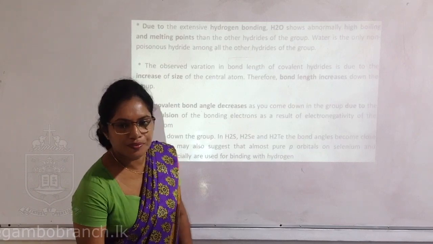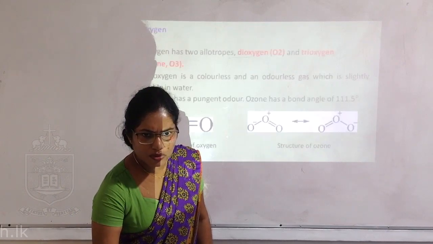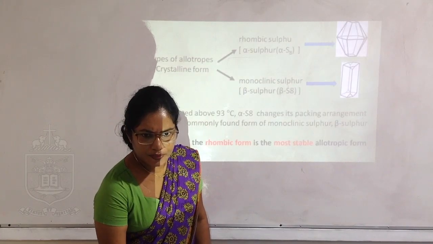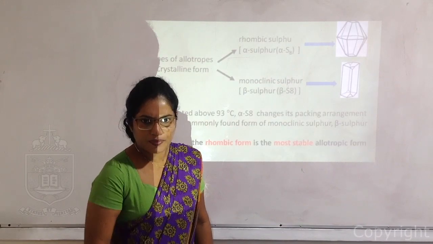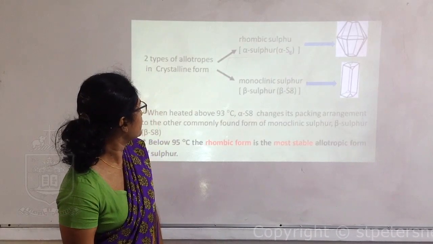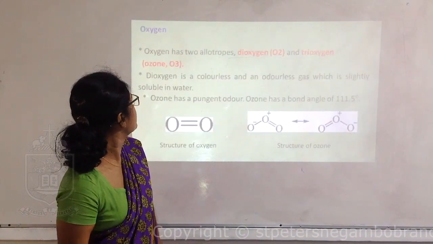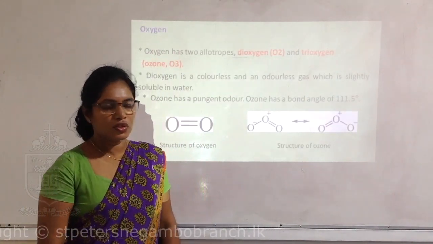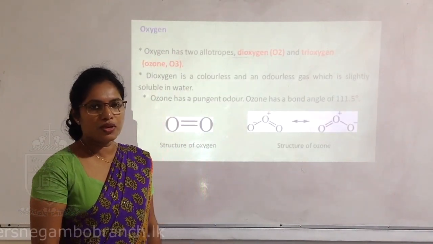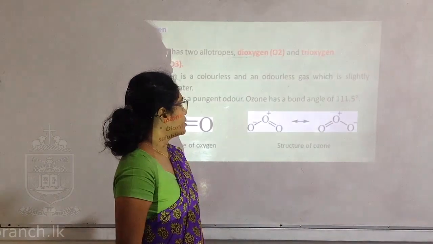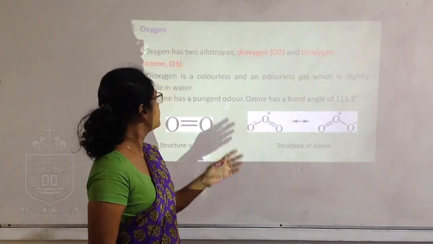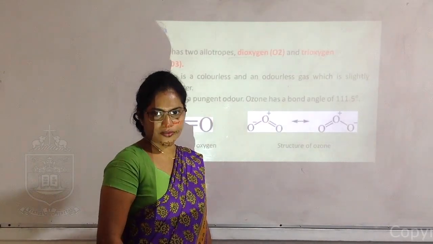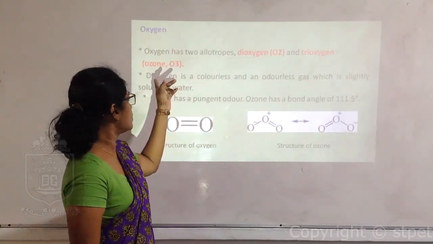Then we have to talk about oxygen. As you know, oxygen is also a very important gas for our life. If we talk about oxygen, it has two allotropes, O2 and O3.